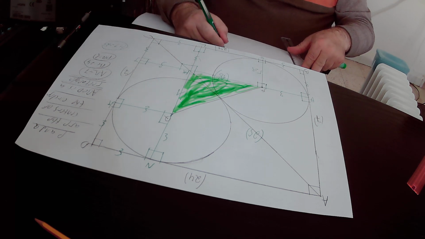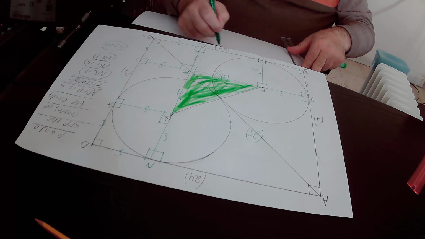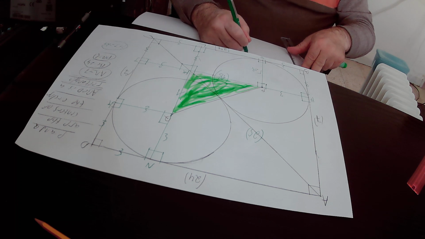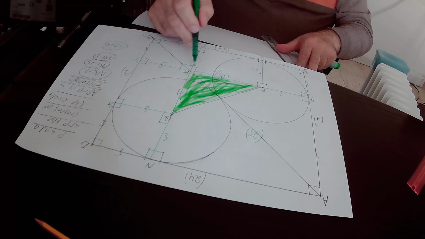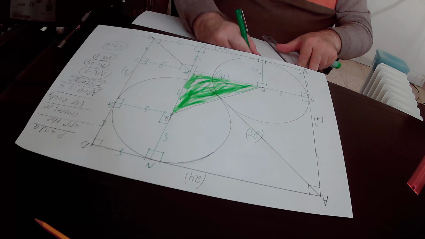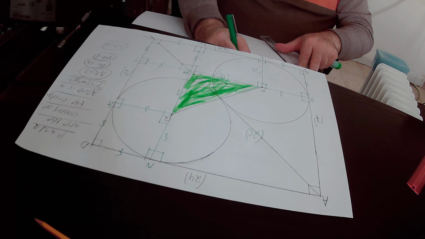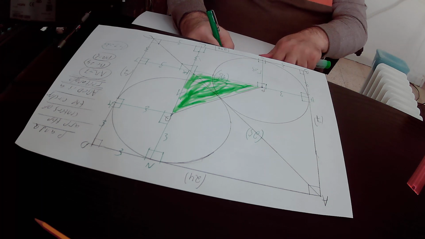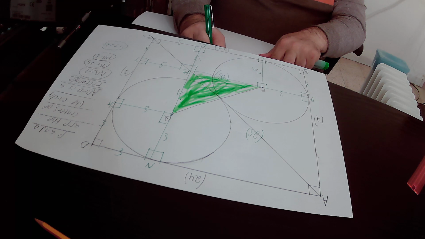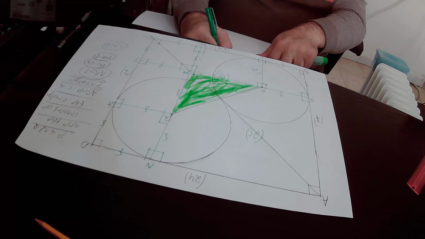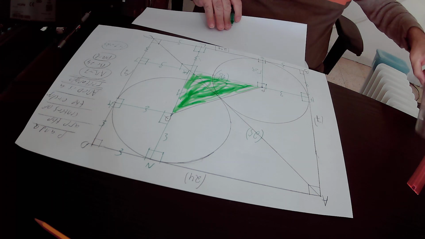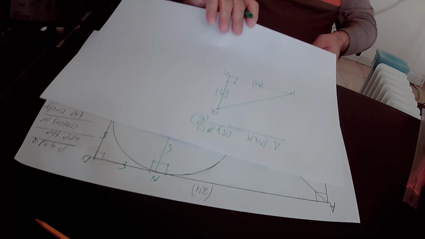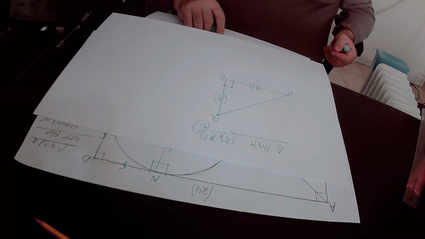Side QK equals 1 unit in its length, PK equals 18 units in its length, this angle equals 90 degrees. So actually this is the right green triangle QKP that is common from the original drawing.